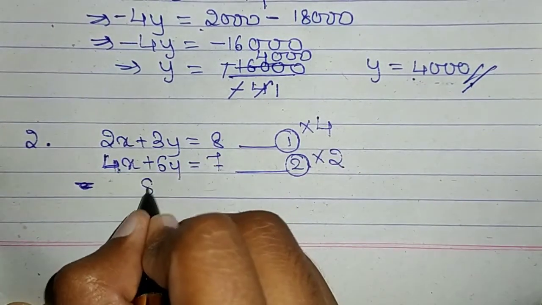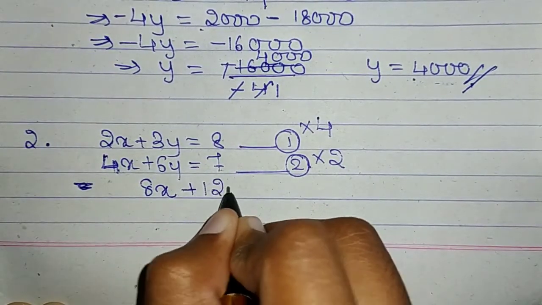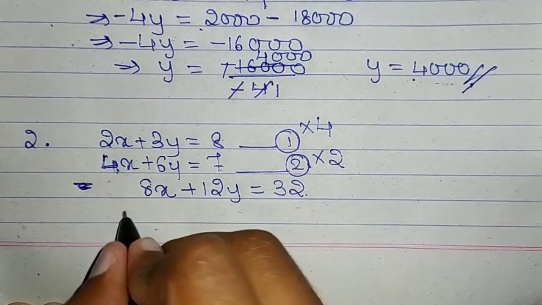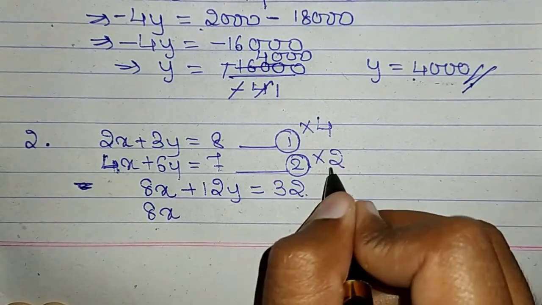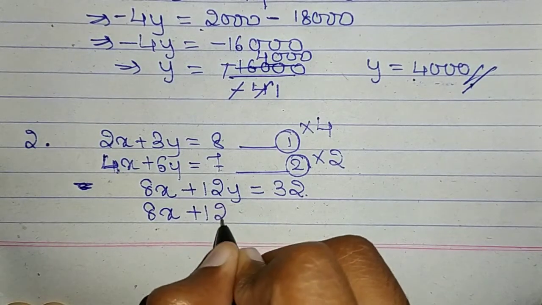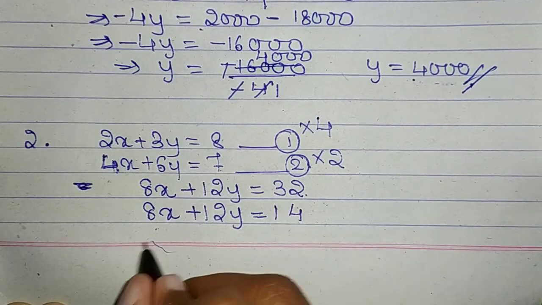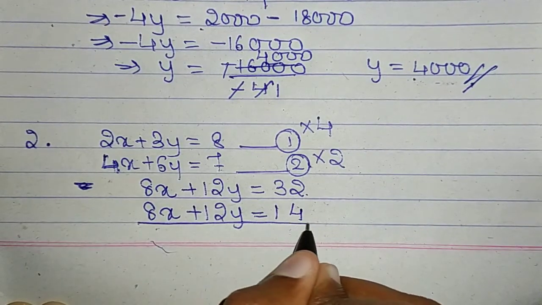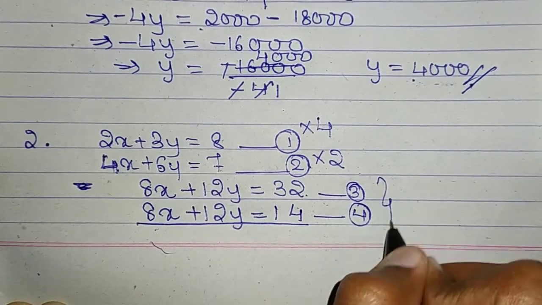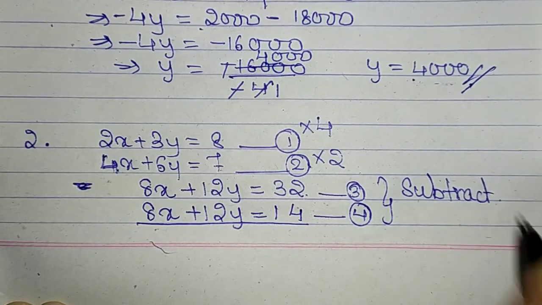4 2s are 8x plus 4 3s are 12y is equal to 4 8s are 32. Similarly 2 4s are 8x, 2 6s are 12y is equal to 2 7s are 14. So now name them as equation 3 and equation 4, and subtract them.